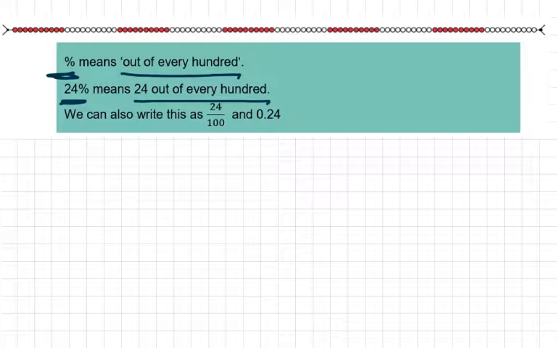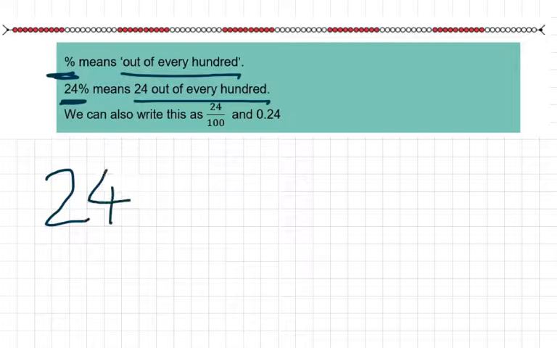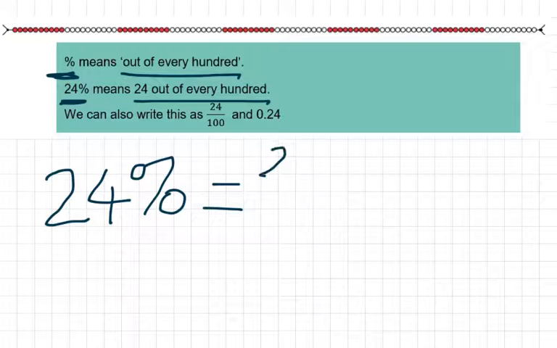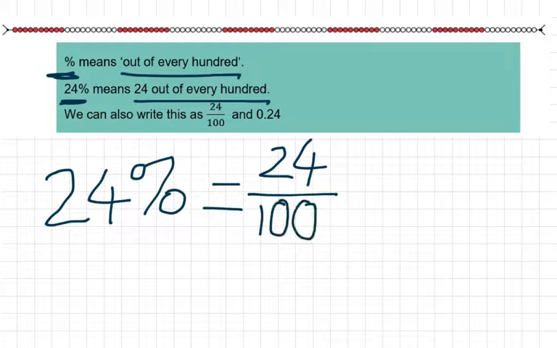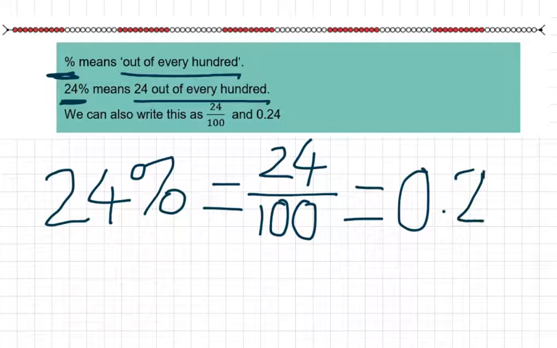We can also write that, as you saw on the last screen, as a percentage, as a fraction and as a decimal. 24% is equivalent to 24 out of 100, which is equivalent to 2/10 and 4/100, 0.24.